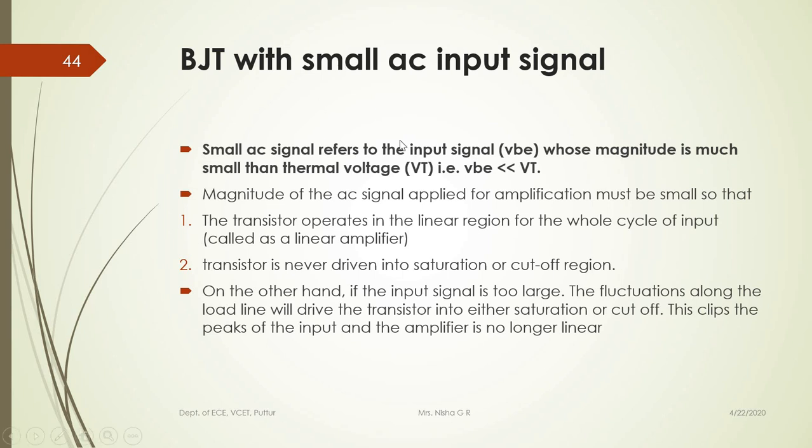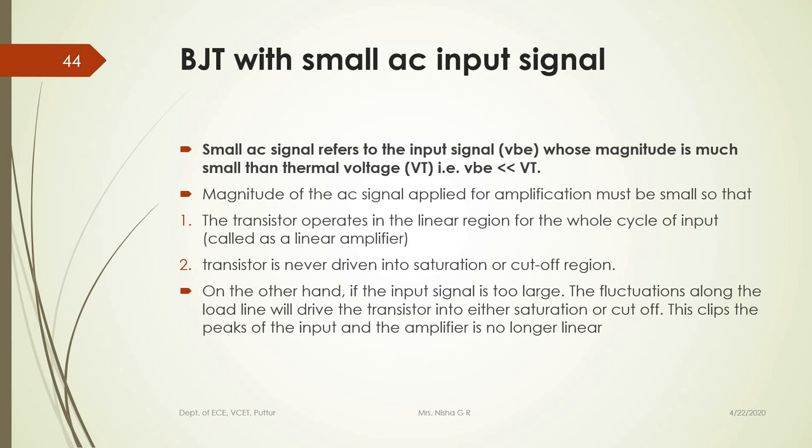So whatever the vbe you are applying is very much smaller than VT, so I can say the AC signal is a very small signal. The magnitude of the AC signal applied for amplification must be small so that the transistor operates in the linear region for a whole cycle of input.